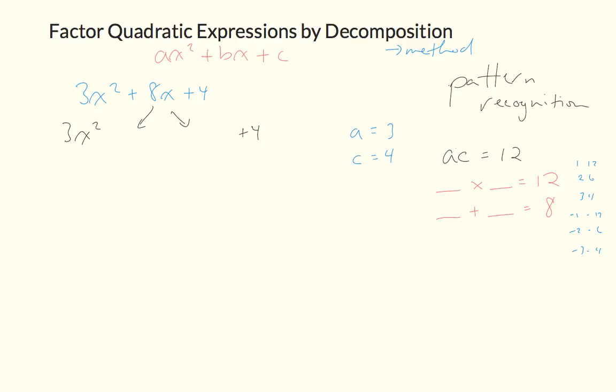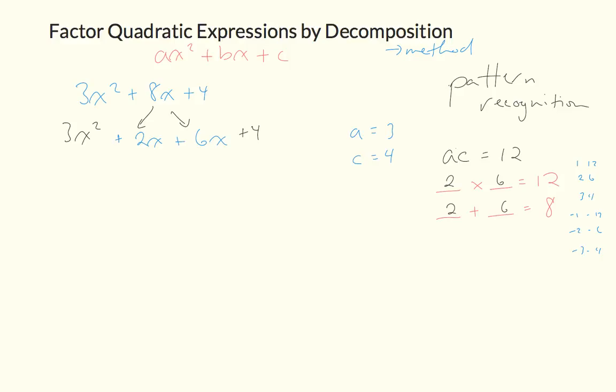So I think that means that the two numbers that we're looking for are 2 and 6, because 2 and 6 do those two things. That means that over here, we are going to decompose the 8x into a 2x and a 6x, okay? And for that matter, it didn't matter if we wrote 6x and 2x, it'll work either way.